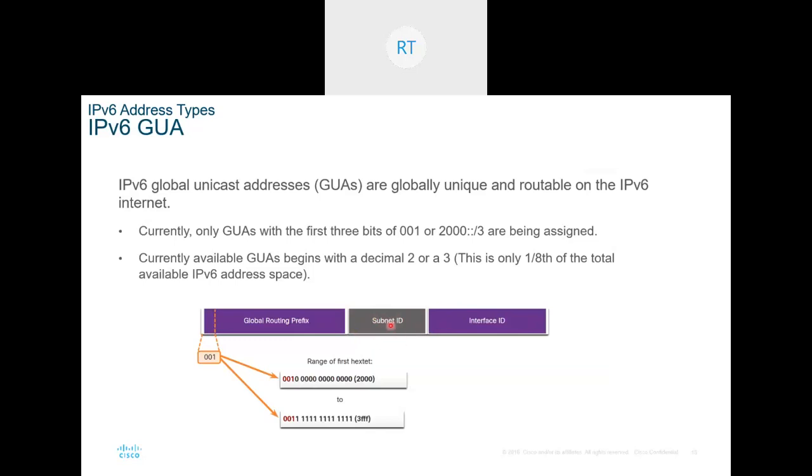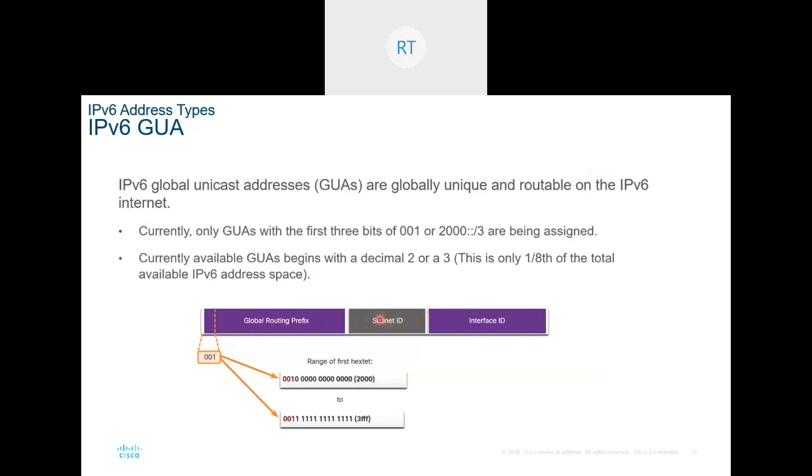The subnet ID would be... guys, can you do the quick math? If the global routing prefix is 48 and the interface ID is 64, what is the subnet ID?